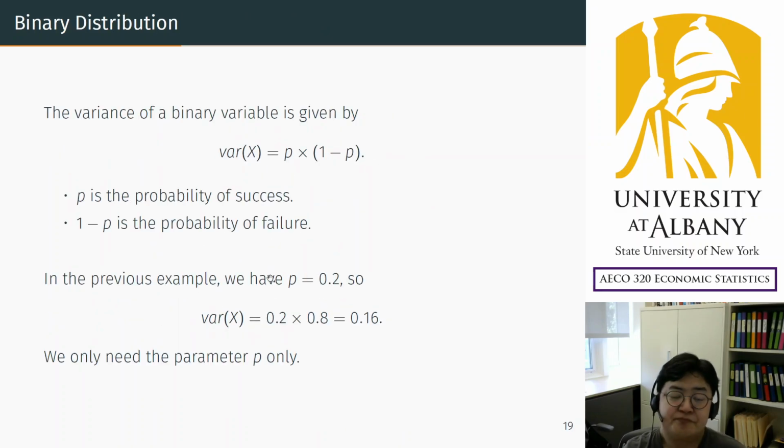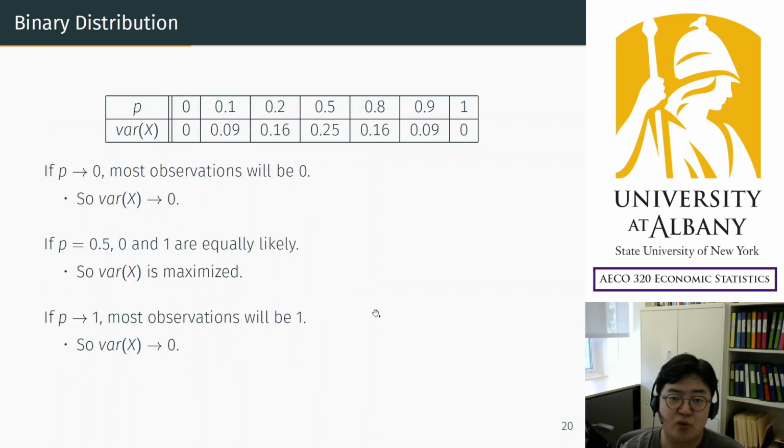And why is it so? So I'm going to explain the intuition this way. So think about this. Variance is about variability, or I would describe it as uncertainty. The larger the variance is, the more uncertainty the random variable has, right? Unpredictability or uncertainty is what the variance captures.